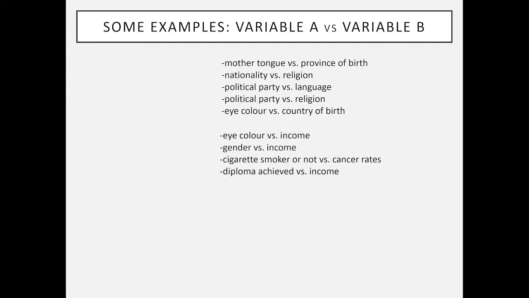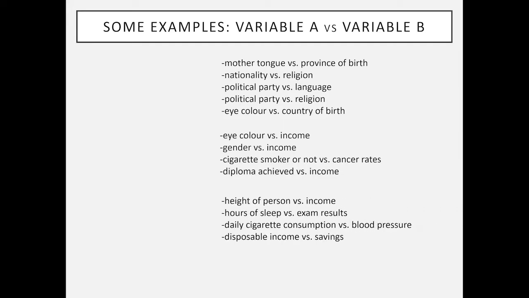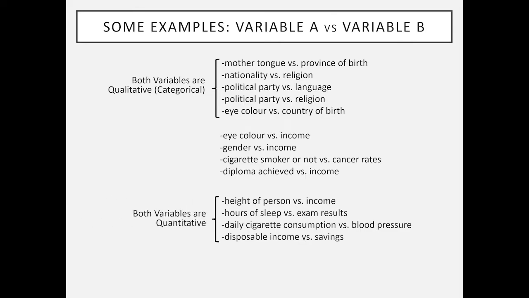We could also look at a combination of variables that are quantitative and qualitative. These first examples above are qualitative variables, categorical. The ones down below are quantitative variables, how tall a person is and their income, the number of hours you slept last night, the exam results. And of course, then we can have a mix of these two.